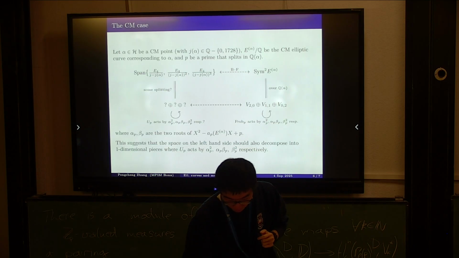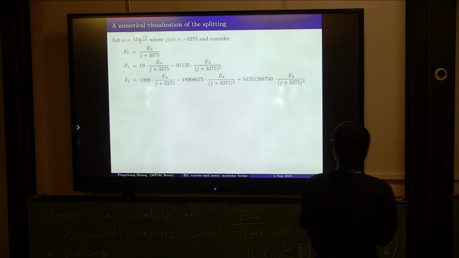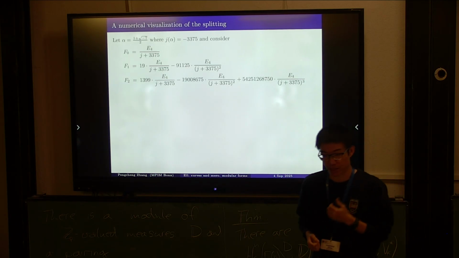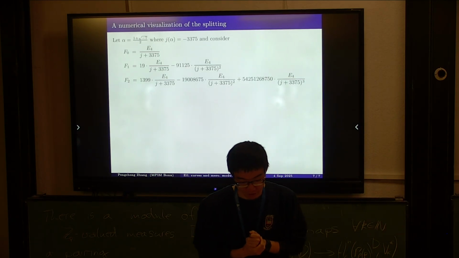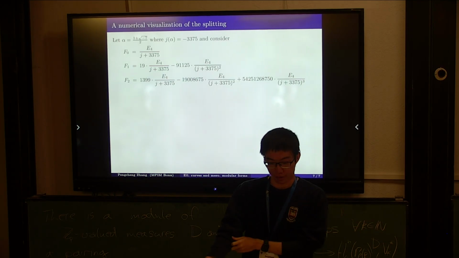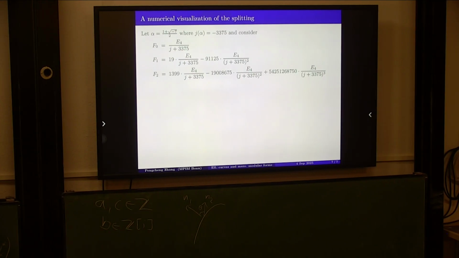I'm going to show you one numerical example which visualizes this splitting. I will take alpha to be the CM point of discriminant -7, so j(alpha) is -3375. Consider these three linear combinations of E_4 and (j + 3375) to some power.